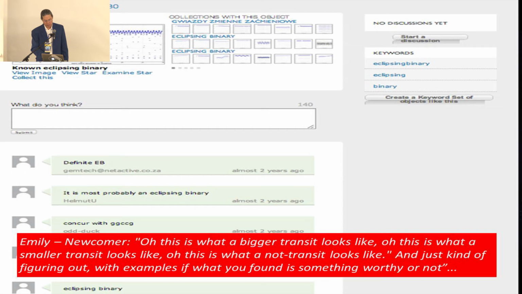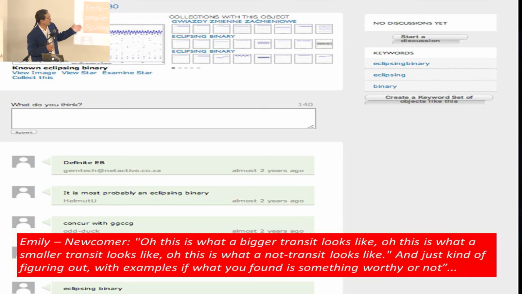And in fact, when we were doing interviews with some of the new participants, many of them pointed out how helpful those Talk comments were in helping them to learn to do the transit. So for example, there's a quotation down here from one of the newcomers. We gave her the pseudonym of Emily. "Oh, this is what a bigger transit looks like. Oh, this is what a smaller transit looks like. Oh, this is what not a transit looks like.